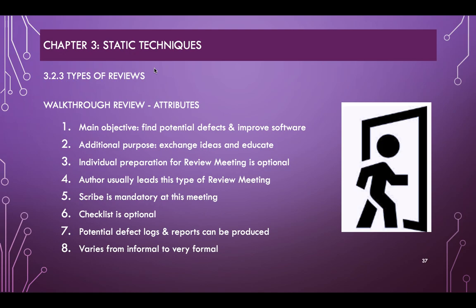Attributes of the walkthrough review include: 1, the main objective is to find potential defects and improve software. 2, the additional purpose is to exchange ideas and educate. 3, individual preparation for the meeting is optional. 4, the author usually leads the type of review meeting. 5, the scribe is mandatory at this meeting, and the author should not be the scribe. 6, a checklist is optional, and that's usually the author's decision. 7, potential defect logs and reports can be produced.